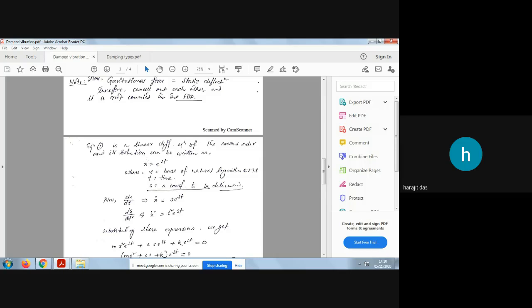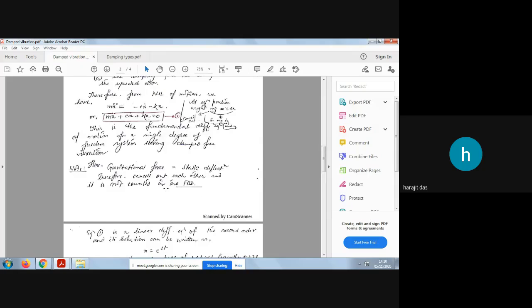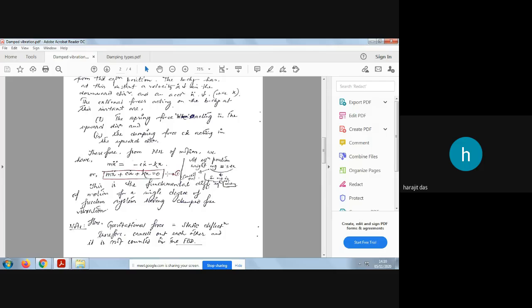So we will be finding out x dot, velocity, and x double dot, that is the acceleration, from this expression, and we put the values of x dot and x double dot in the basic equation of motion of a damped free vibration of a single degree freedom system.